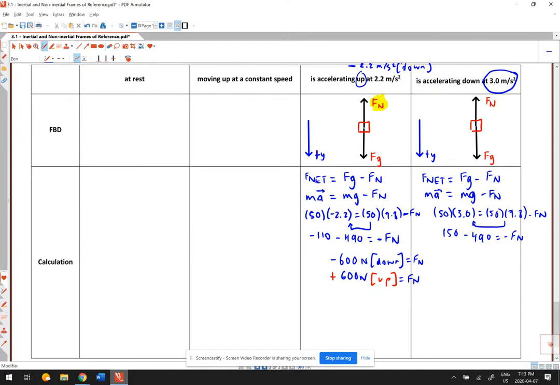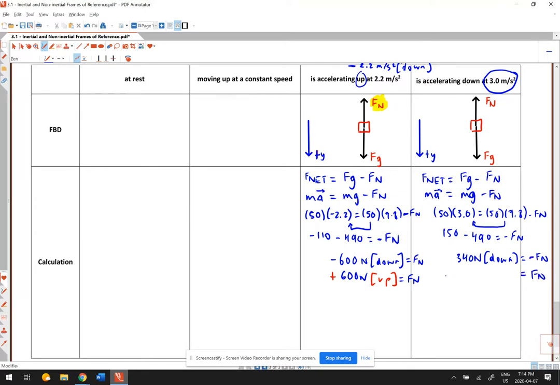So in this case scenario, we get 150 minus 490, which is equal to negative 340 newtons down, equals negative Fn. Now, because there's a negative Fn here, we want to get rid of it. We just want normal force on its own.